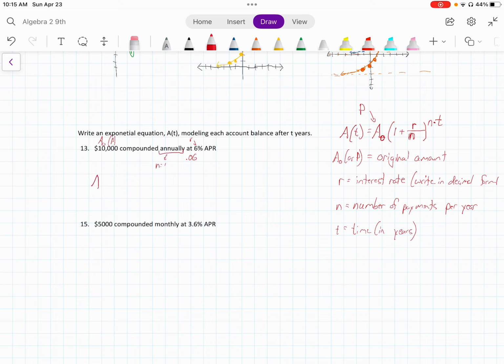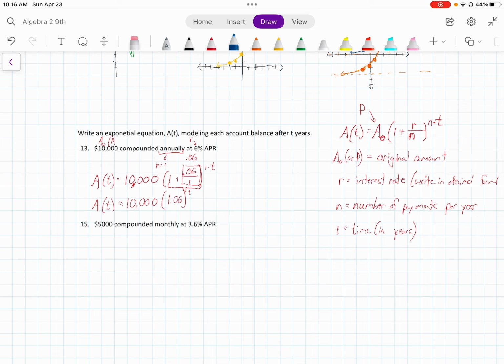So our formula will be A of t equals our original amount, 10,000, times 1 plus 0.06 over 1, times t. Well, we can write that a little bit better. A of t equals 10,000 times, this we can add, 0.06, so we have 1.06 to the t power.